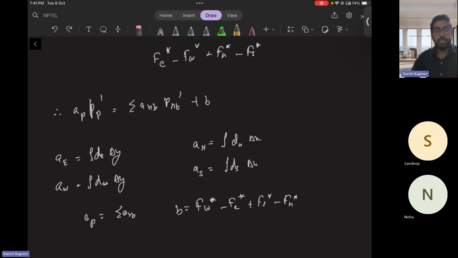So let us make some comments on how we solve this equation. Now we have arrived at this equation for pressure correction, which is basically an equation for pressure itself, the equation of pressure, by invoking the continuity equation.